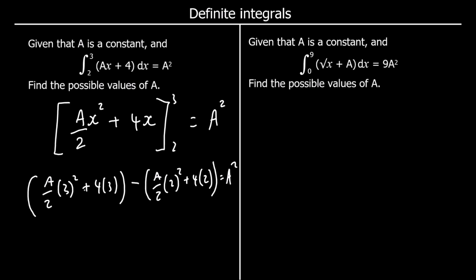So a over 2 times 9, we can write as 9 over 2 a, plus 12, minus, I'm going to keep the bracket for now, a over 2 times 4 is 2a, and that's plus 8, and that equals a squared.